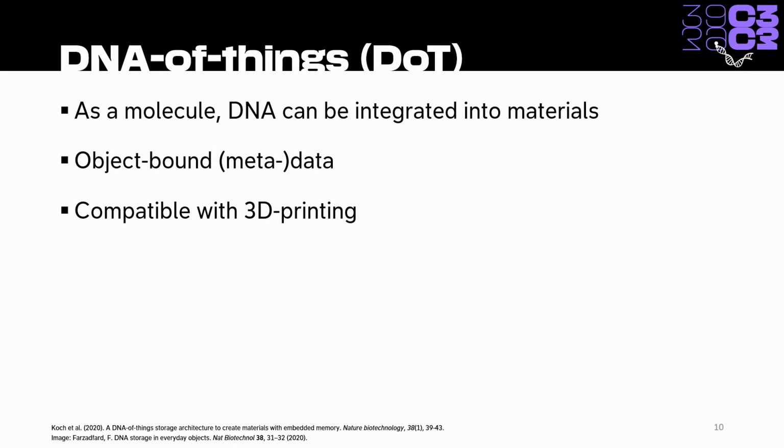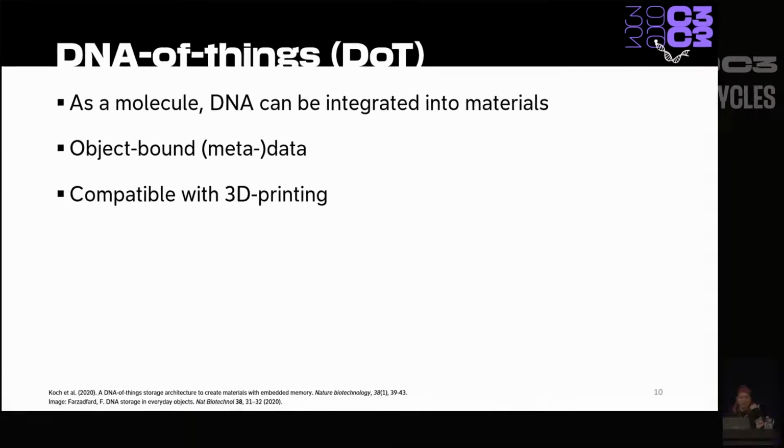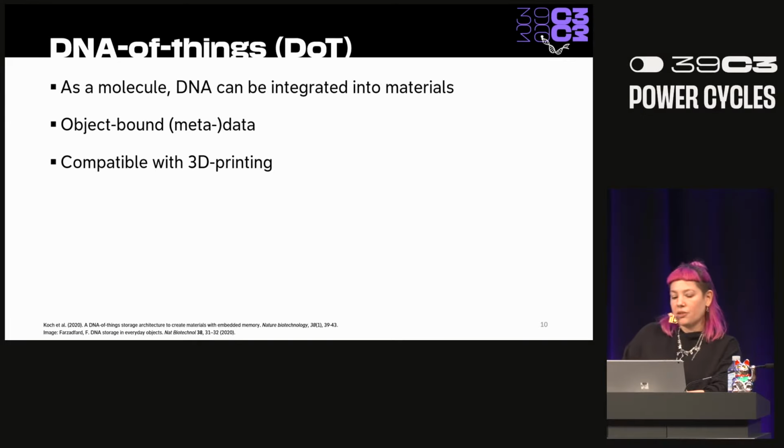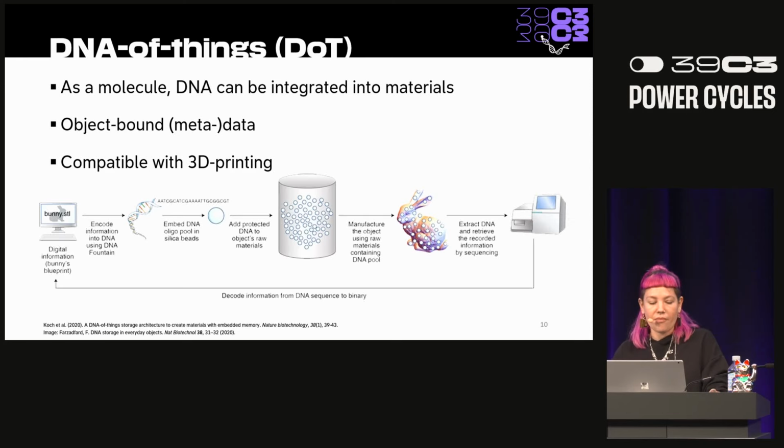And this leads me to another interesting property of DNA. Because as a molecule, we can integrate DNA into materials. And that way, we can embed object-bound metadata. It's also compatible with some types of 3D printing. So, for example, in an object like this, we could actually store data.